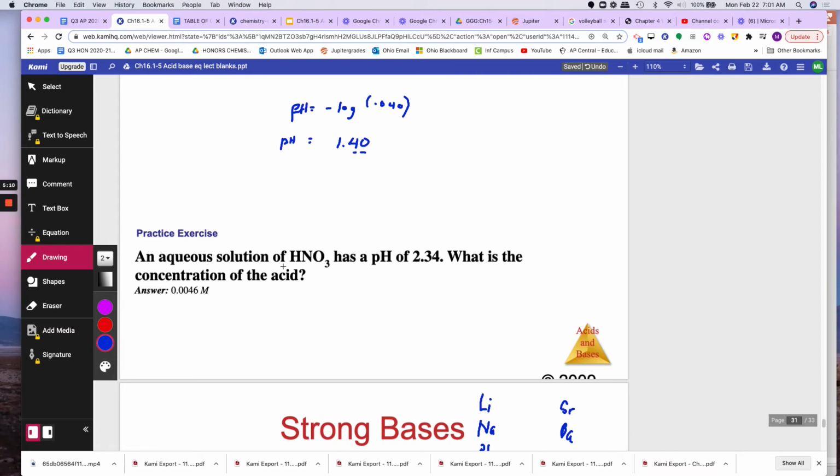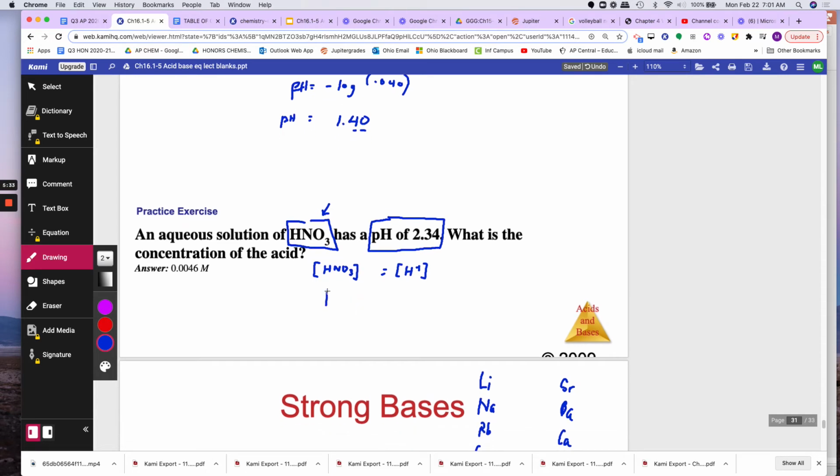Okay. An aqueous solution has HNO3, a strong acid. The pH is 2.34. What is the molarity of the acid? HNO3. Well, the molarity of HNO3 is going to be the same as the molarity of the H+, because HNO3 is one of the top 6 or 7 strong acids that you memorized. Okay, so if the pH is equal to 2.34, then the H+ formula is 10 to the negative pH.